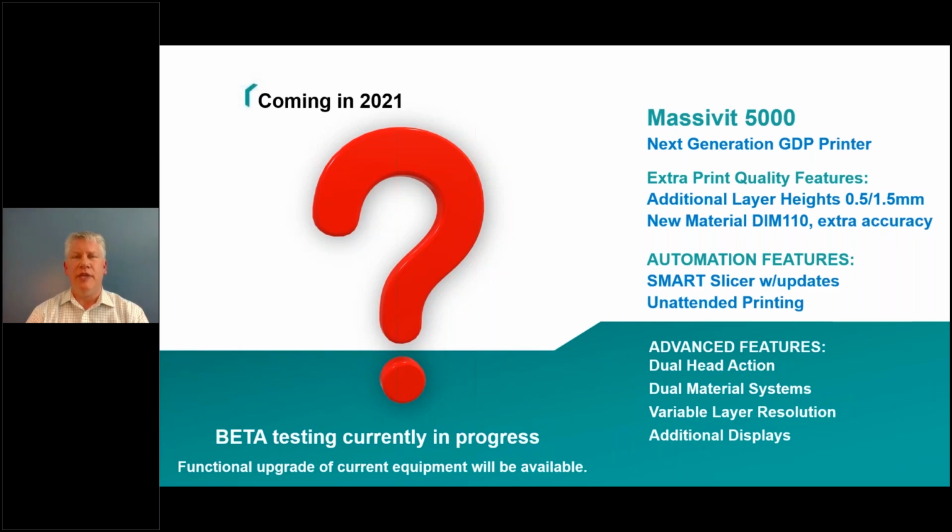With the 5000, you'll be able to run different materials, not on the same part, mind you, but on different parts. Additional video, additional displays, additional accuracies and unattended printing. Now, all of this functionality will be upgradable in the 1800. The functional upgrades of current equipment is designed into our strategy moving forward.